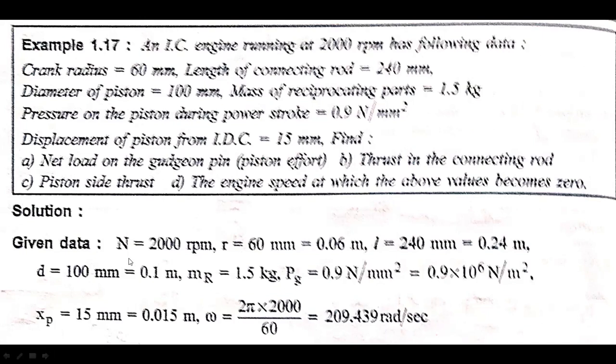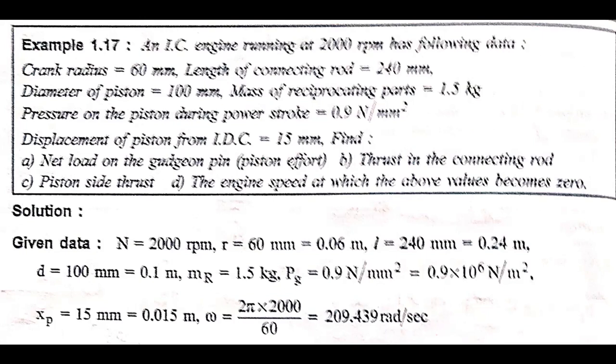So given data are available for us: n is equal to 2000 rpm, r is equal to 60 mm, which is converted into meter, equal to 0.06 meter. Then length is equal to 240 mm, that is 0.24 meter. Then diameter is equal to 100 mm, which is equal to 0.1 meter.